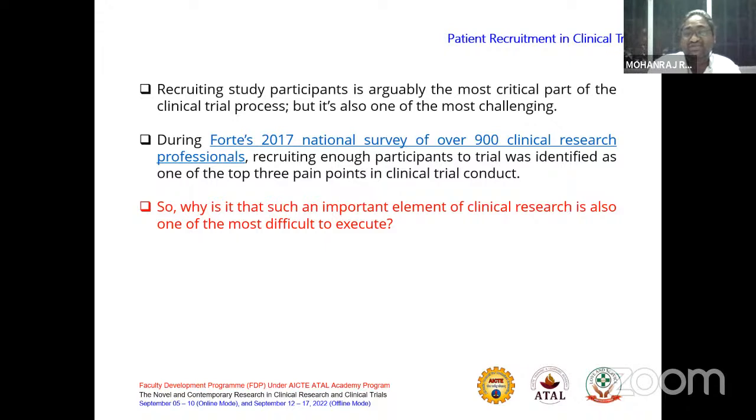As far as concerned, patient recruitment is a very painful and complex process in clinical research. So the question arises, particularly in developing countries: why is such an important element of clinical research also one of the most difficult to execute?